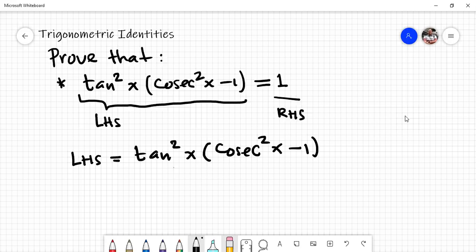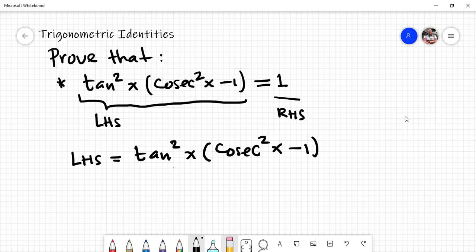Now, we try to simplify this, whether it can be written as 1 or not. To do this, we need to remember some principles. What I mean by principles here is the formulas for the simple trigonometric identities.